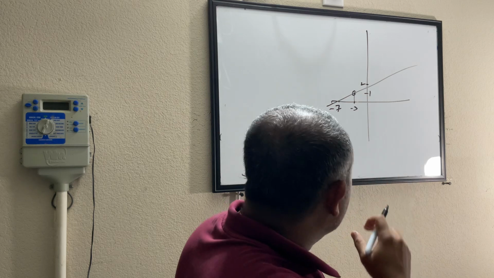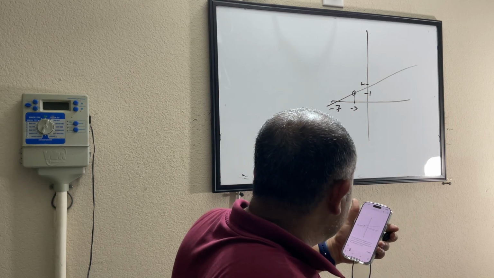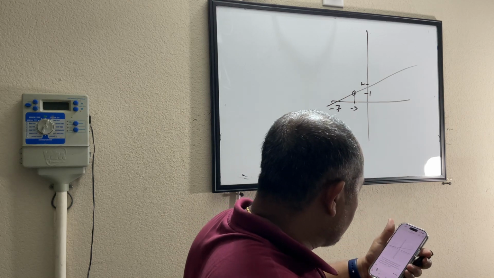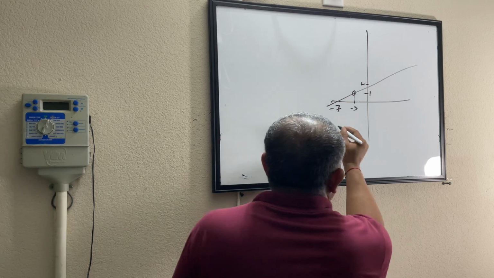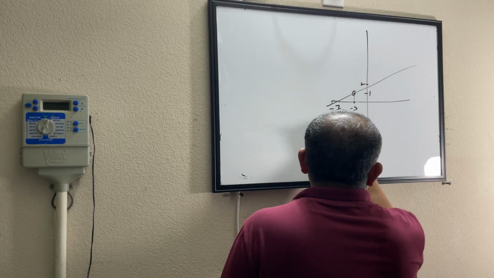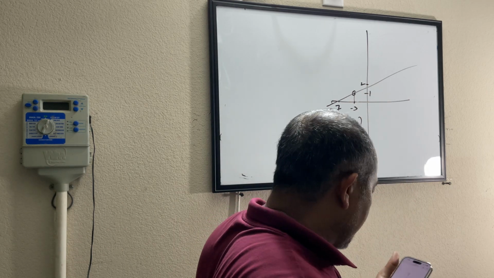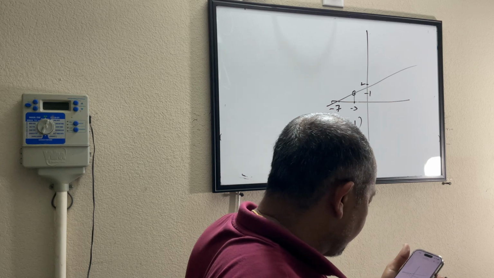This is the graph given to us, and it says the line shown goes to the point -3, 1.